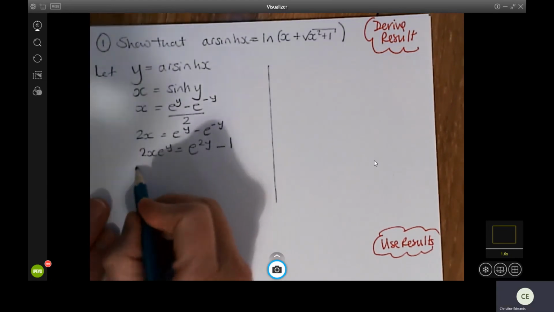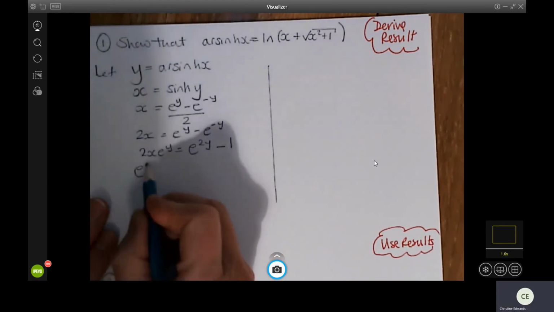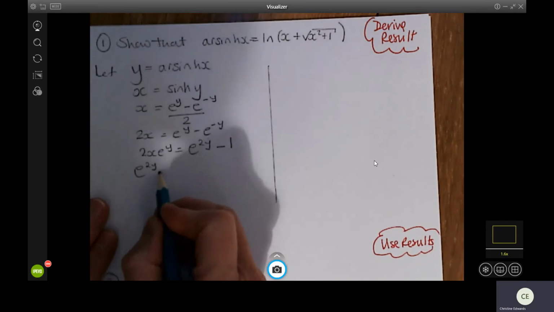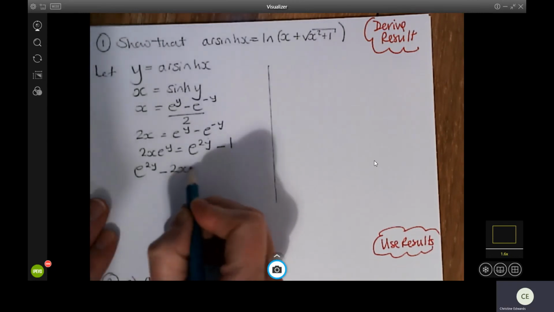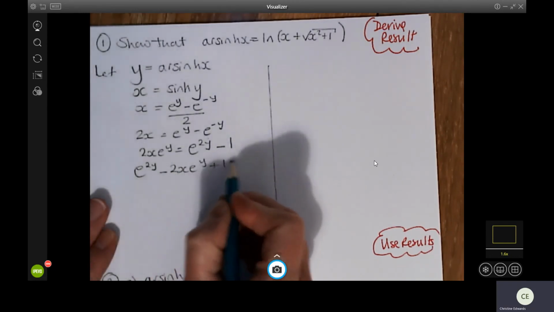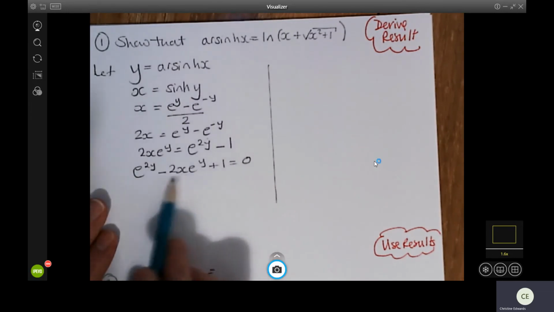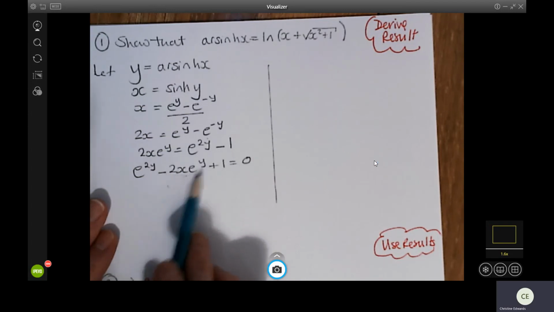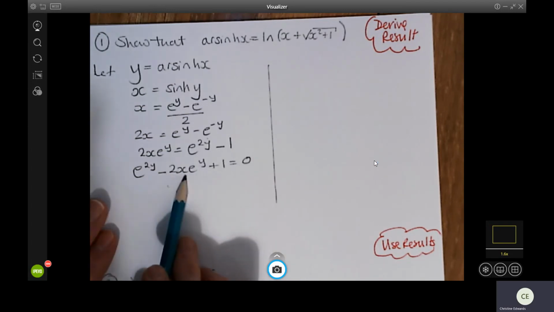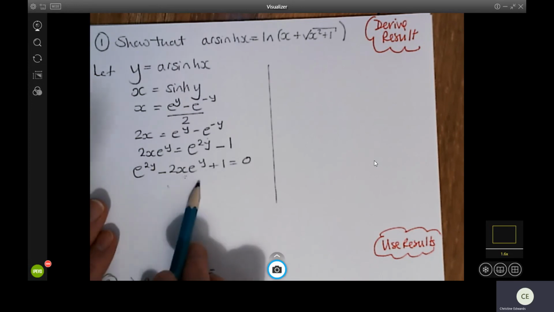And that simplifies to e to the 2y minus 2x e to the y plus 1 equals 0. Now you can see that we've got a quadratic, but the format of it with the coefficient of the e to the y being 2x is going to make it difficult for us to factorise.